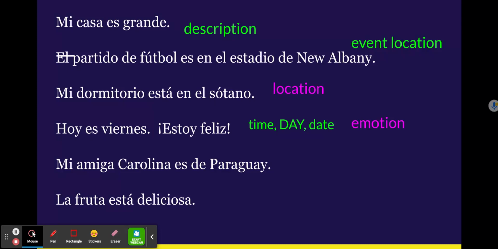Es is a form of ser. We chose that because my friend Carolina is from Paraguay, it is her origin. The last one, la fruta está deliciosa. We chose está because the fruit is delicious. That's how food tastes.